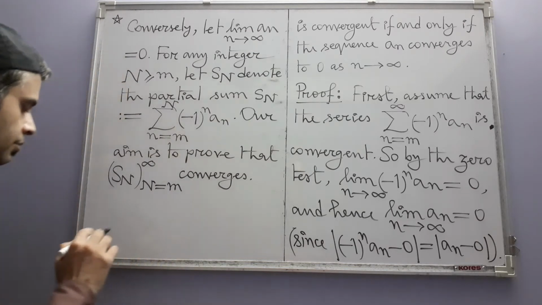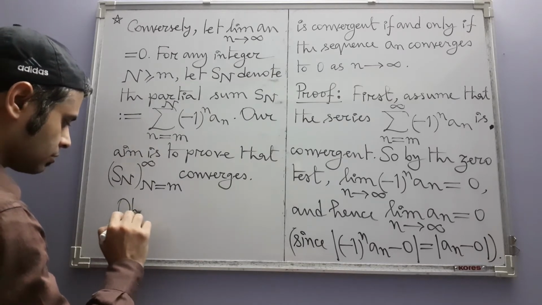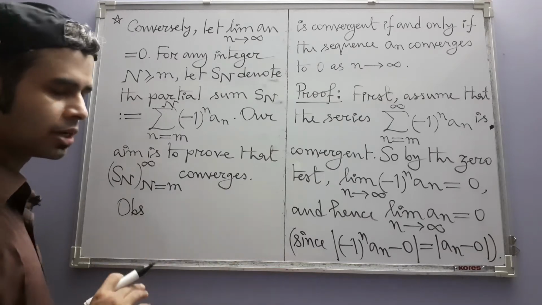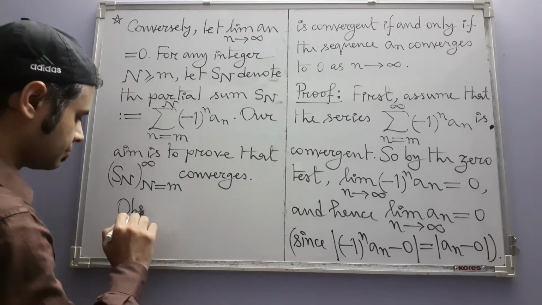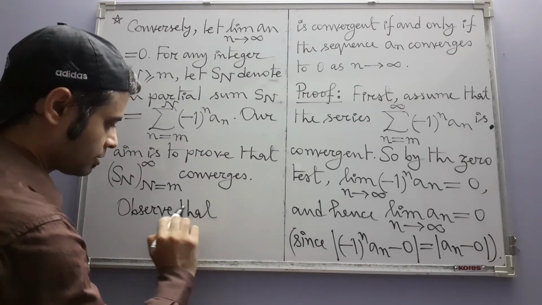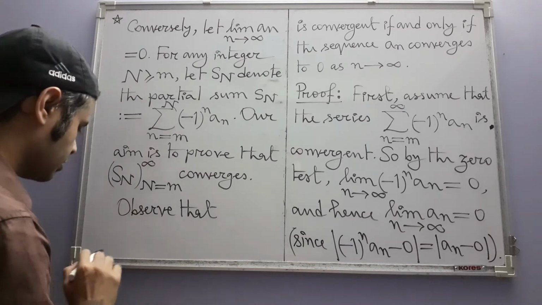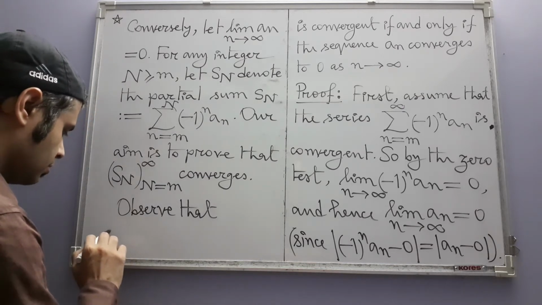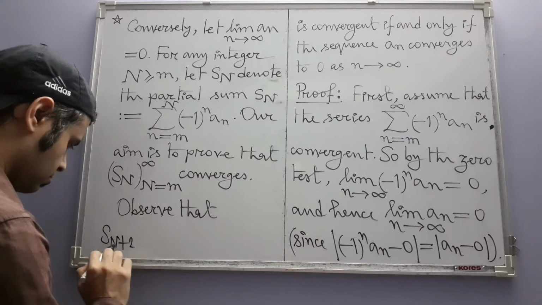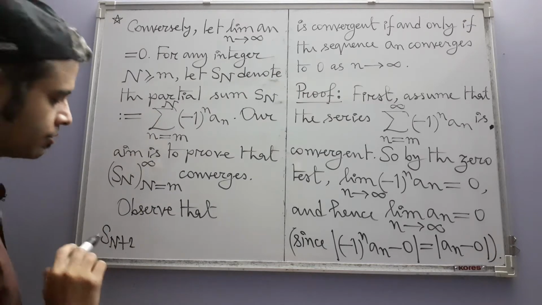Okay. Now observe, so now we have to slowly move towards this conclusion. First of all, we look at this calculation. Sn plus 2, where n is any n greater than or equal to m.